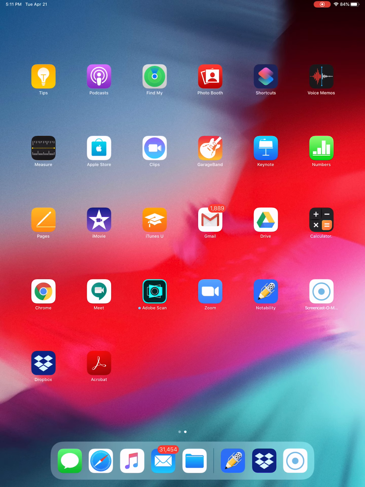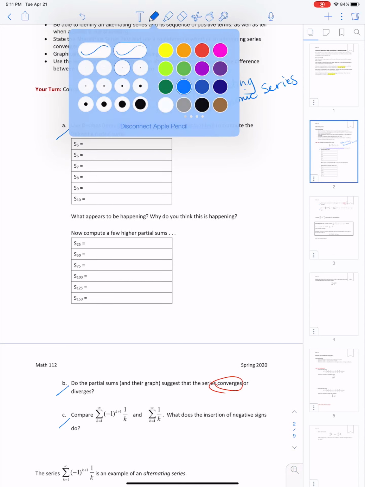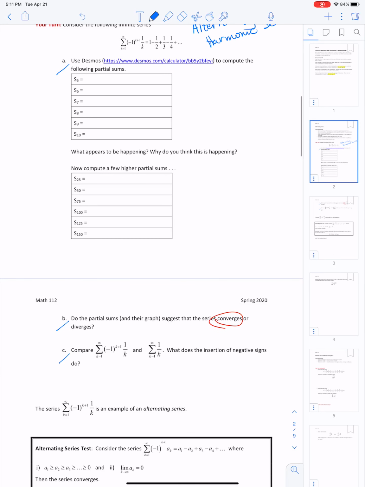Okay, so we have a convergent sum here. We'll talk a little bit more about how we can see that the sum converges in a second, but I just want to highlight the difference between the harmonic series that we talked about a couple of classes ago and this series, the alternating harmonic series.